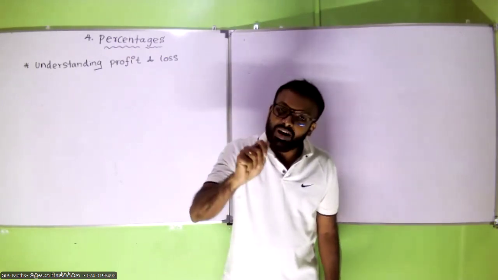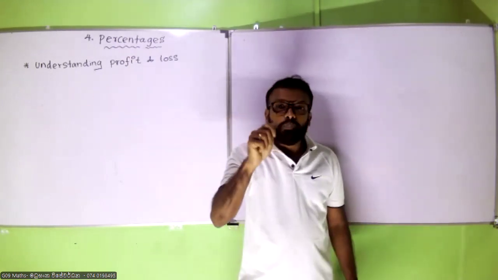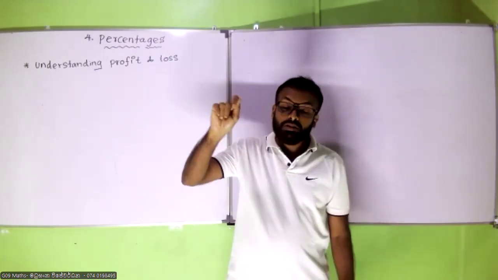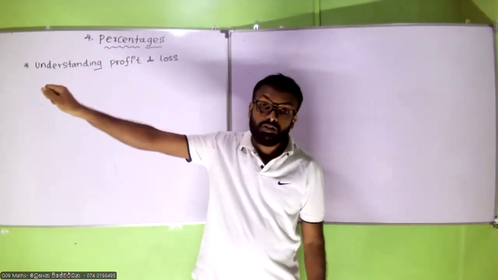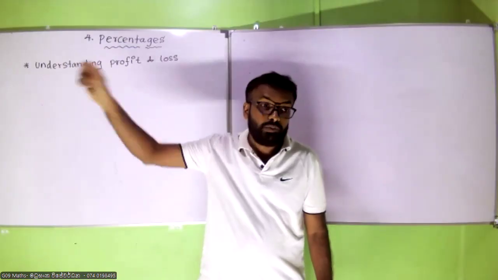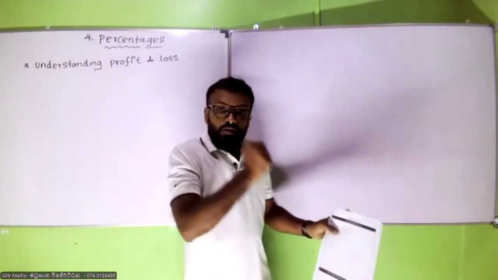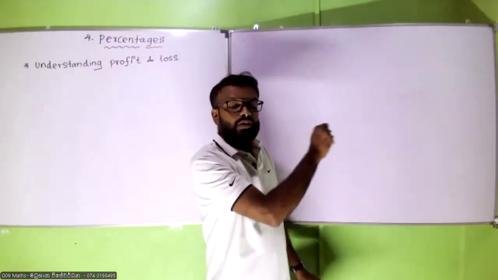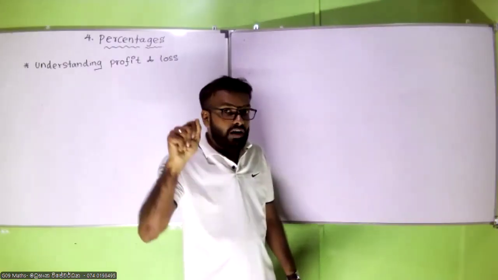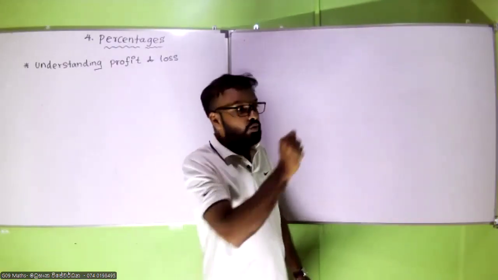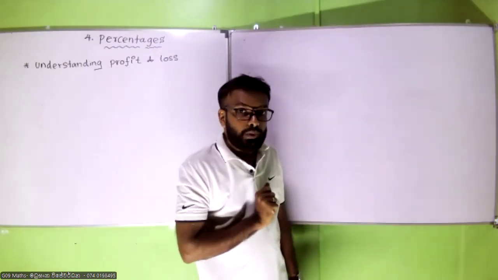So you go to a shop and pay 100 rupees to the shop owner, the Mudalali. Then you take that pen, come back to school and tell your friend, I have a pen and I am going to sell it to you for 120 rupees.